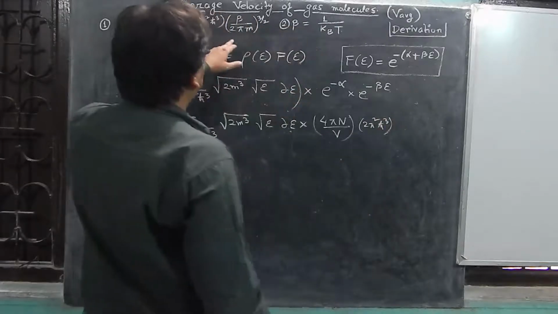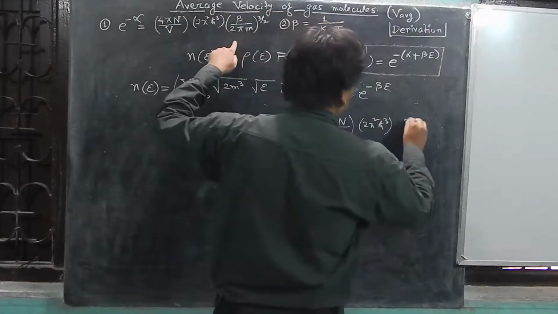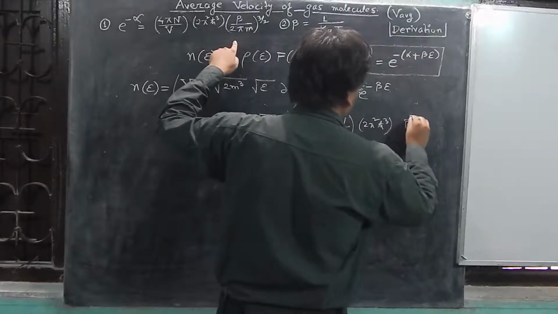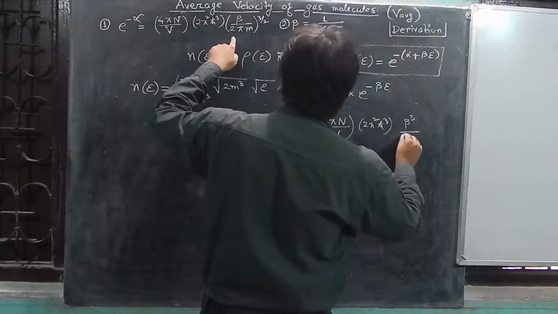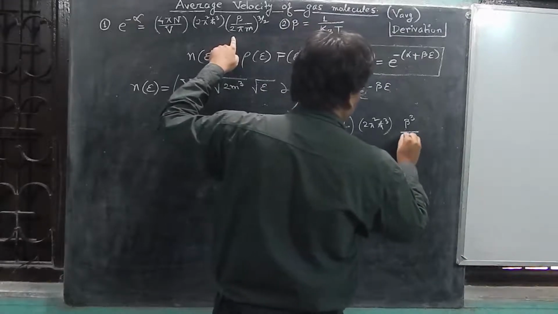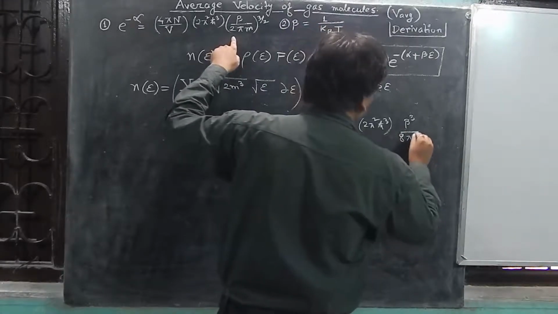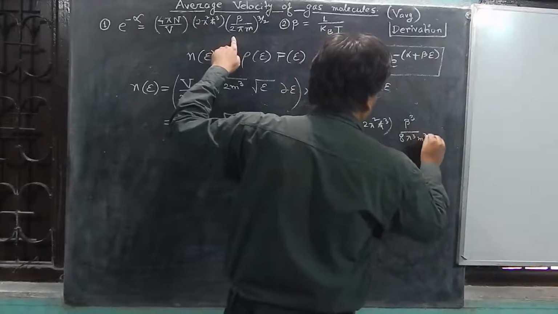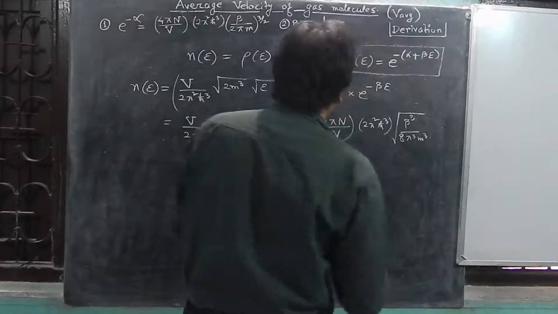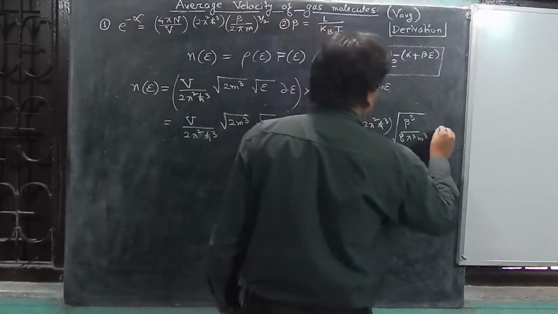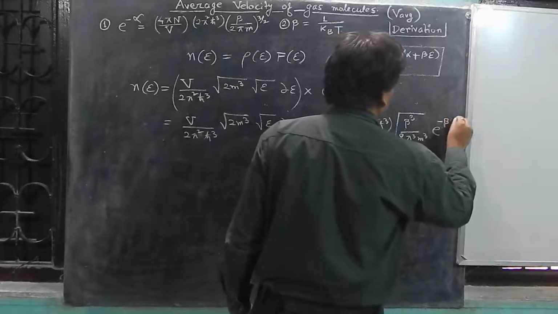Now I am taking the cube inside such that this will be beta cube divided by 8 pi cube m cube, under the root, and the last thing is e to the power minus beta epsilon.